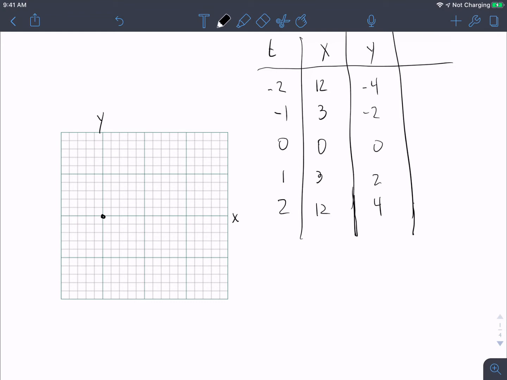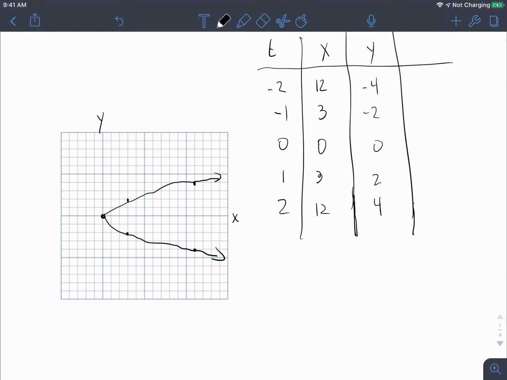Then 3 and 2, and 3 and -2. And then we're going to go all the way to 12, and for 12 we're going to get 4 and -4. So we're going to get these values, and this is what our parabola will look like. It really is kind of that simple.